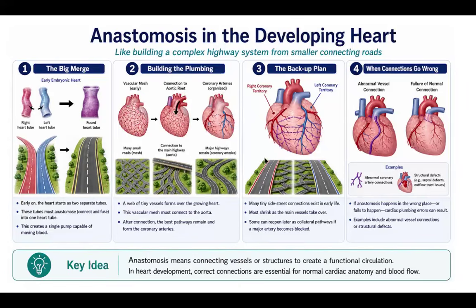And so you can see that in our analogy of the roadways as well. Now, by the time we get to the end, that's when connections can go wrong. When connections go wrong, we get some examples where we have abnormal coronary artery connections, as well as structural defects. And so we're going to take a closer look into what could possibly go wrong in those cases.